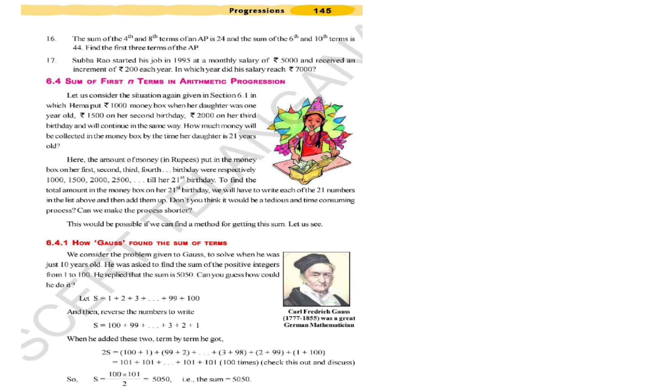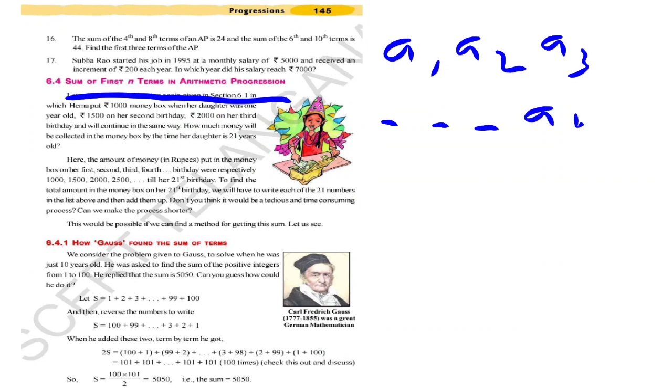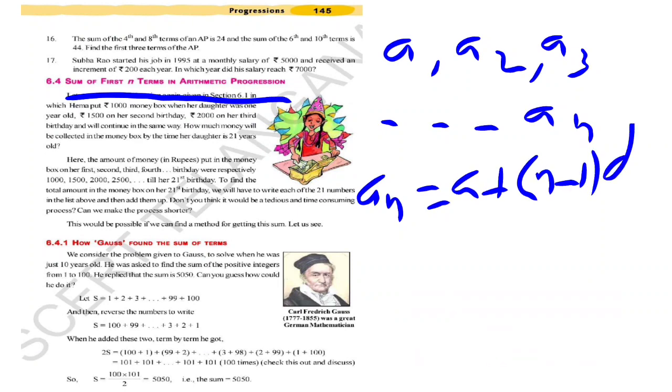Coming to the topic, the sum of the first n terms in an arithmetic progression. Generally, a1, a2, a3, and so on up to an are the terms. We have the an formula, a plus n minus 1 into d. This is the formula to find any particular term in the given AP.